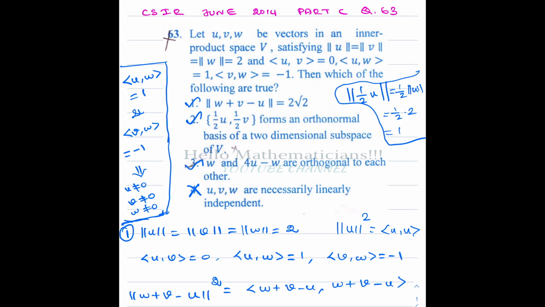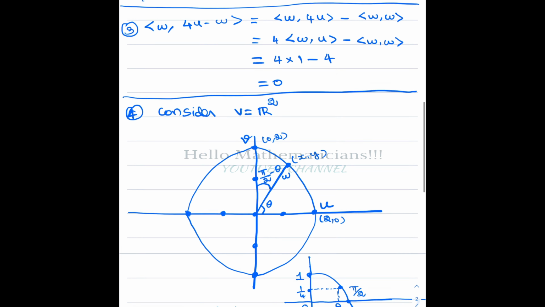So if in R2 you can find vectors satisfying these conditions, they have to be linearly dependent, because in a two-dimensional vector space there can be at most two linearly independent vectors. So that is our idea. In R2 we construct vectors satisfying all the given conditions. That requires a little bit of geometric idea, but that idea can be used in other problems also. So let's see how to do it.